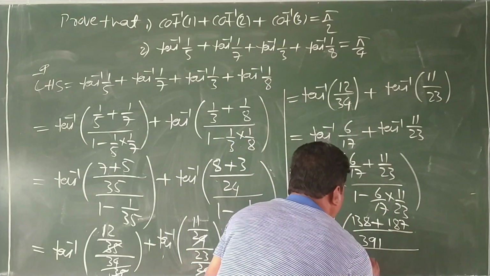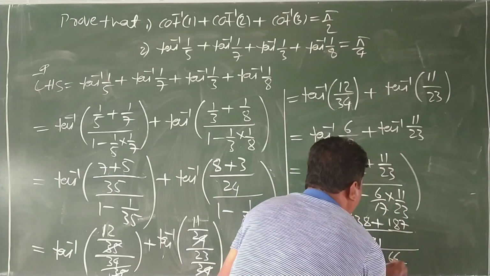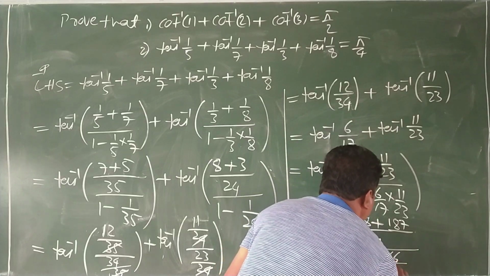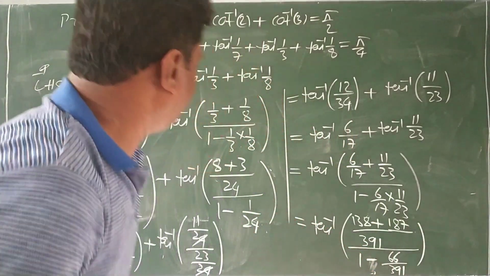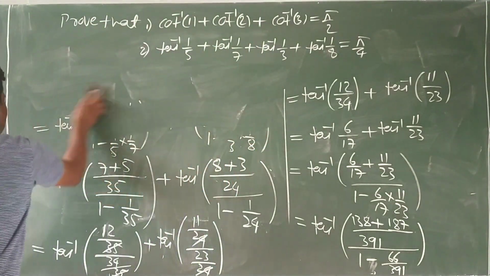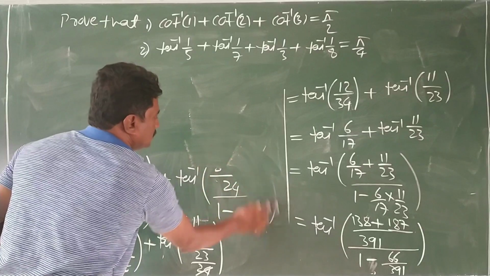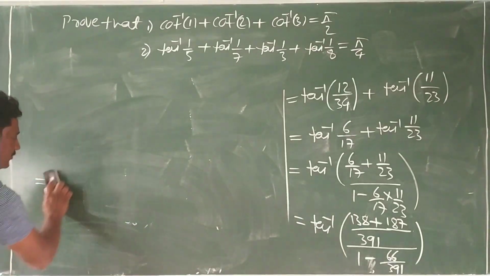So write 1 minus 11 6s are 66 by 391. You find the LCM in the denominator.